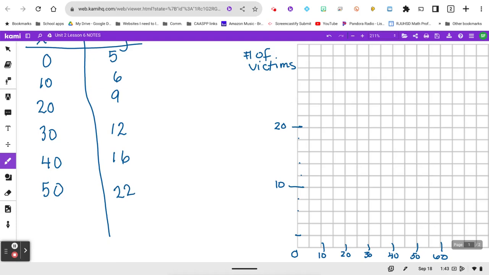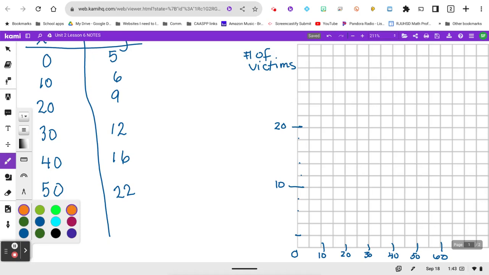And then we're going to go ahead and graph it. I'm going to change the color so it makes it a little bit brighter. So at 0, we're going to be at 5, about right here. 10, we're going to be at 6. 20 is at 9.